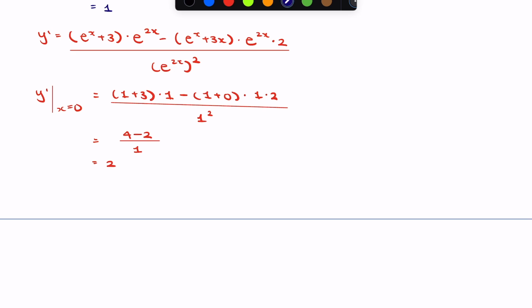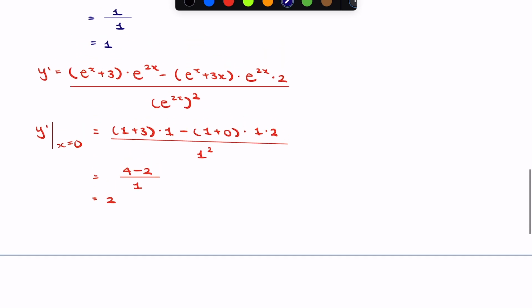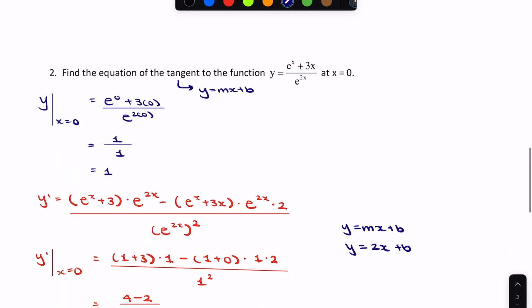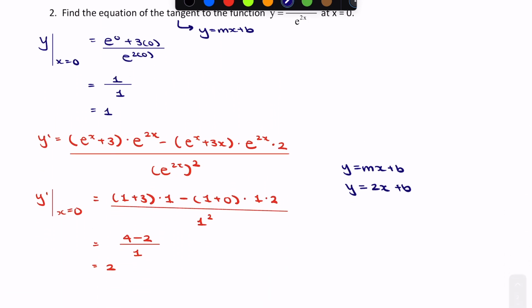So here we know that our equation is y is equal to mx plus b. We know our slope value is equal to 2, so y is 2x plus b. And we have our point 0 and 1, which we can sub back into the equation.